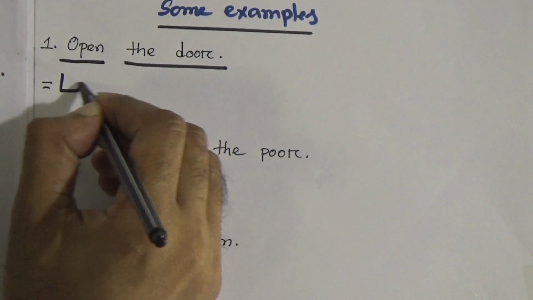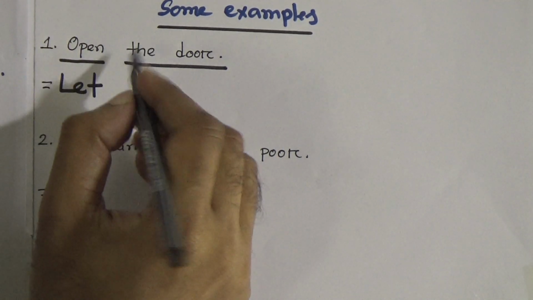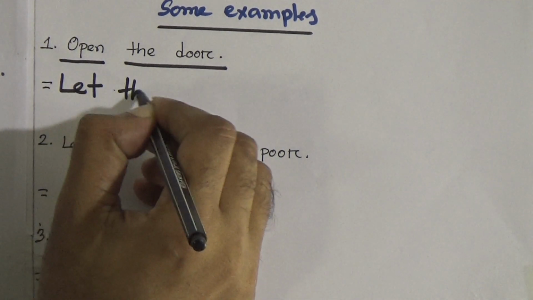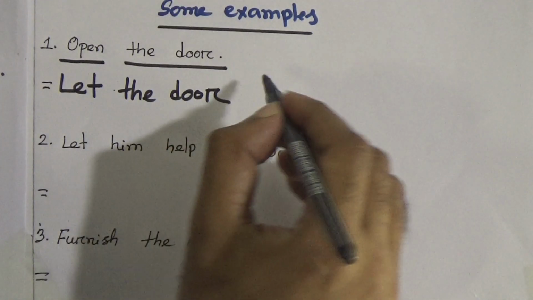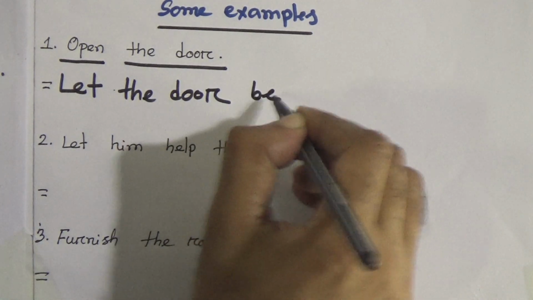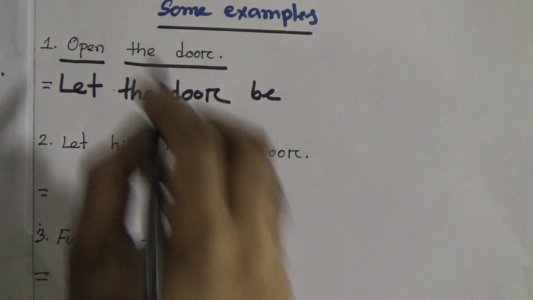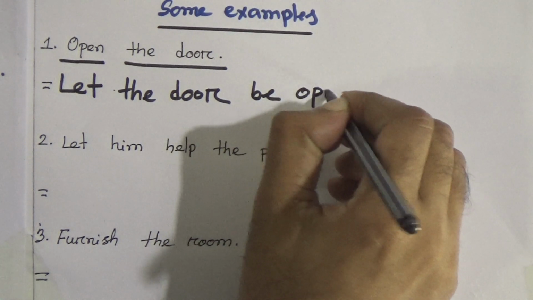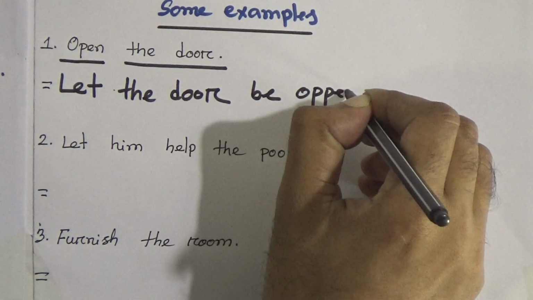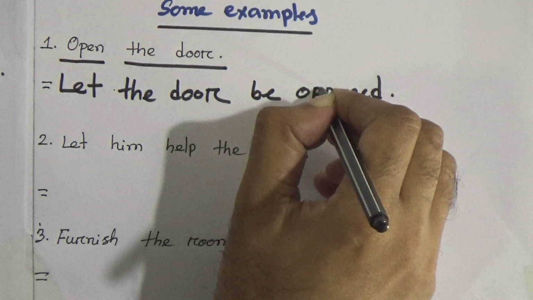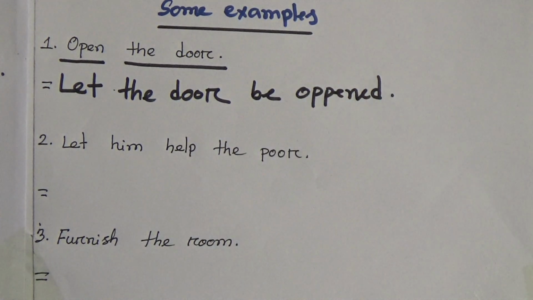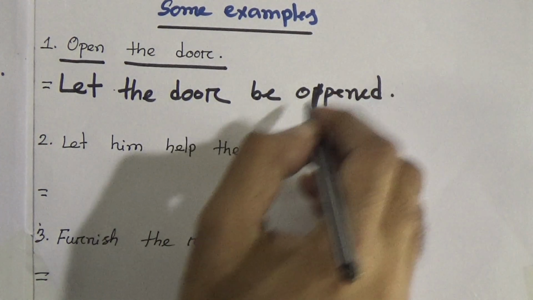We will start with let, the first structure, let plus object, let the door be plus past participle of the verb, that means opened.